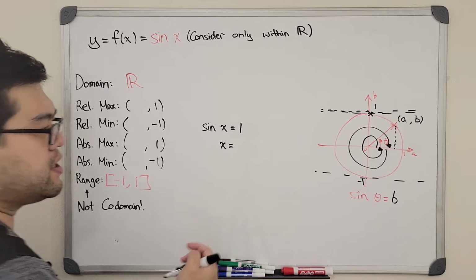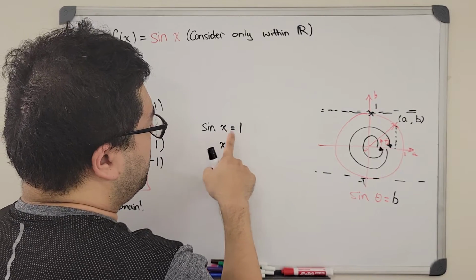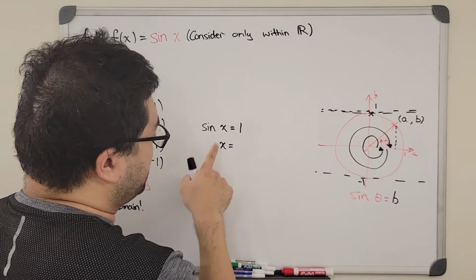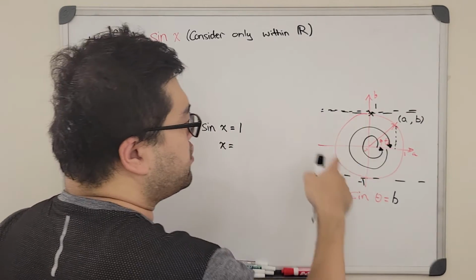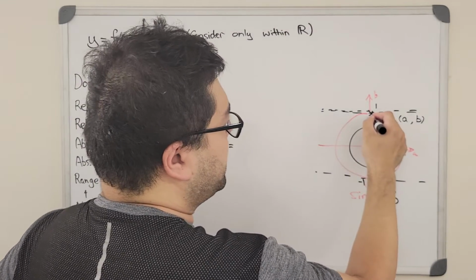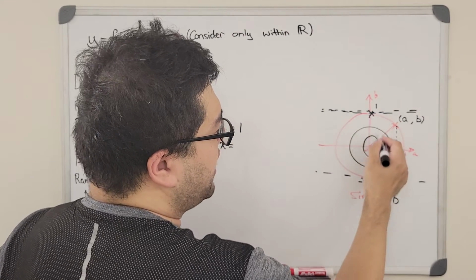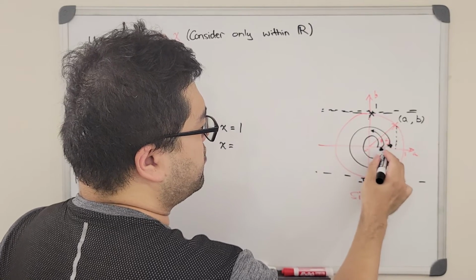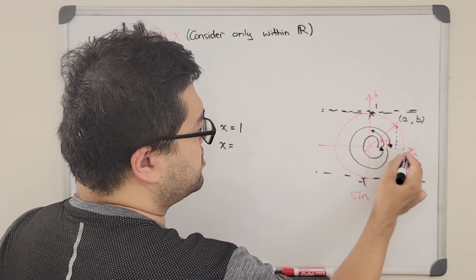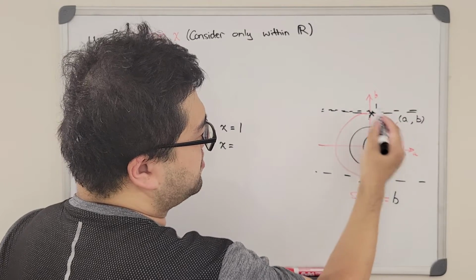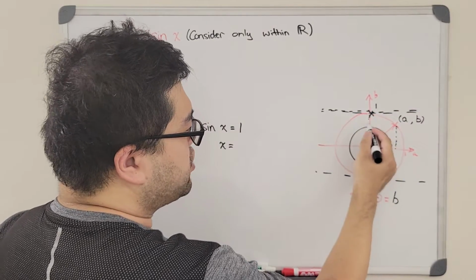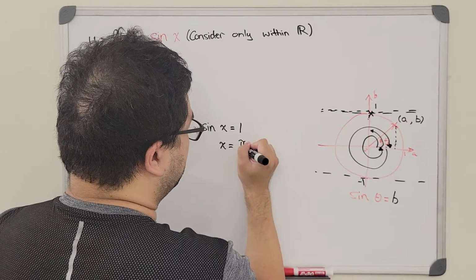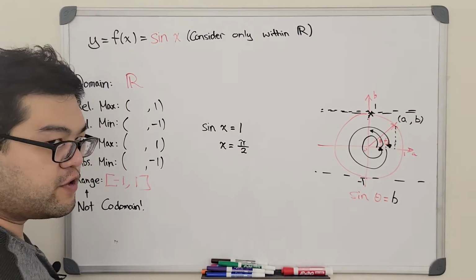So when would the sine of the angle give us 1? On the unit circle, there's only one point, which is up here, right? And the angle right here, from the positive a direction to the positive b direction, is a turn of 90 degrees, or pi/2 radians. So we get x is equal to pi/2.